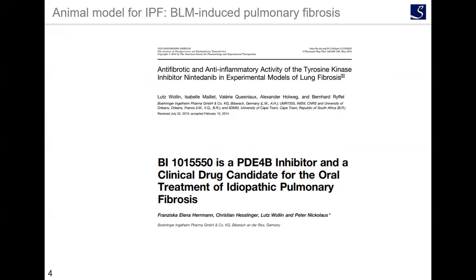Compound by Boehringer Ingelheim, which is a PDE4B inhibitor, is drawing attention to be the 3rd drug to enter the market. Their phase 3 clinical trial was initiated in October 2022. This compound also was tested with a bleomycin-induced model in the preclinical stage and have shown promising effects.